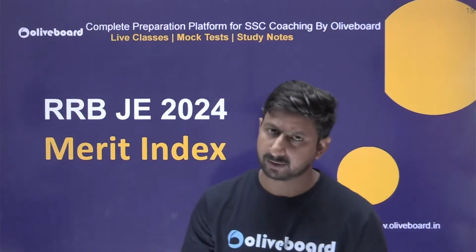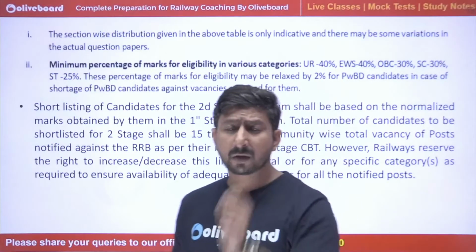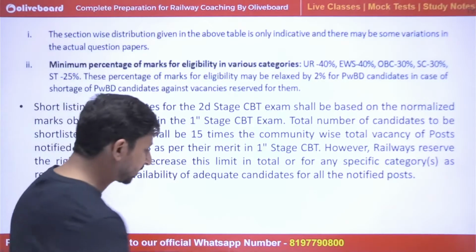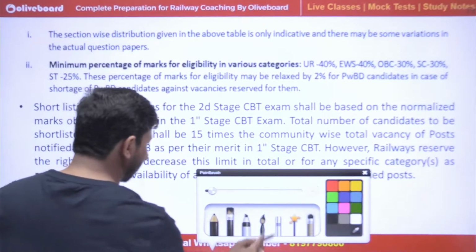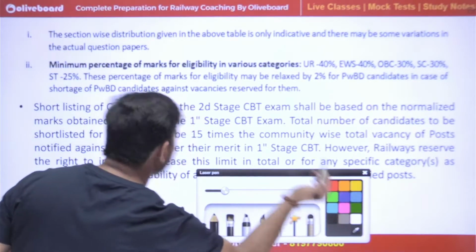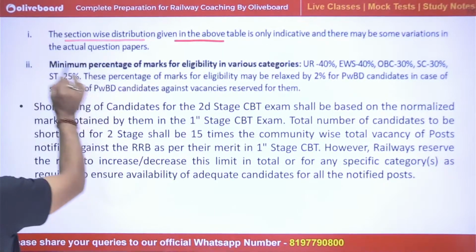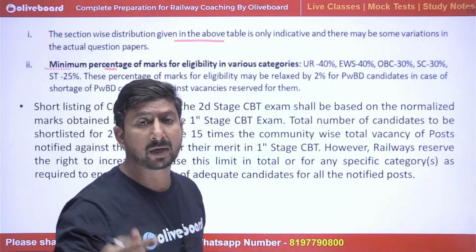Let's talk about that. Before the merit index formula, there is a section-wise distribution given, showing the minimum percentage marks, because this is required when we calculate the merit index.